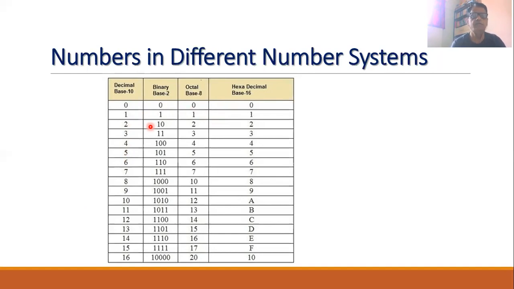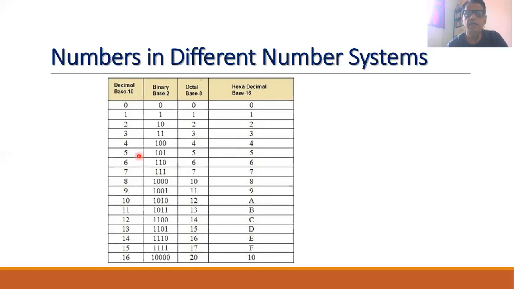Therefore, 2 in decimal is written as 10 in binary. But in octal and in hexadecimal, 2 is there, therefore it is written as it is. 3 is written as 11 in binary, and it is written as 3 only in octal and hexadecimal. 4 decimal is written as 100 in binary, and 4 is already there in octal and hexadecimal.